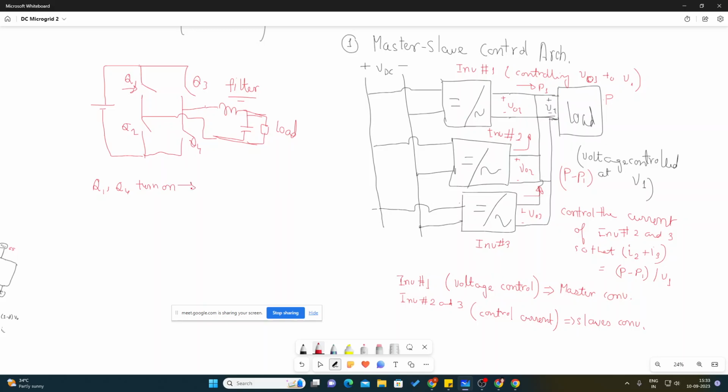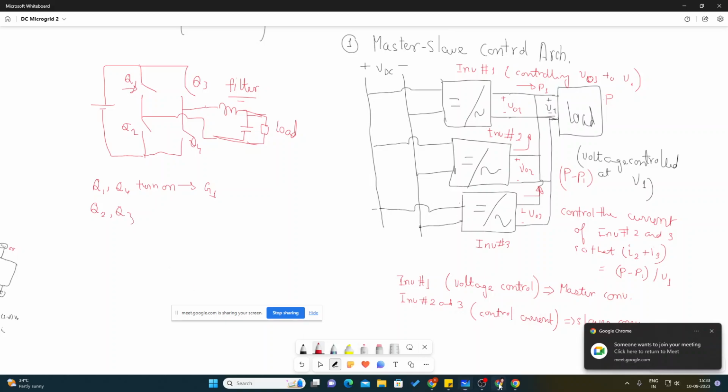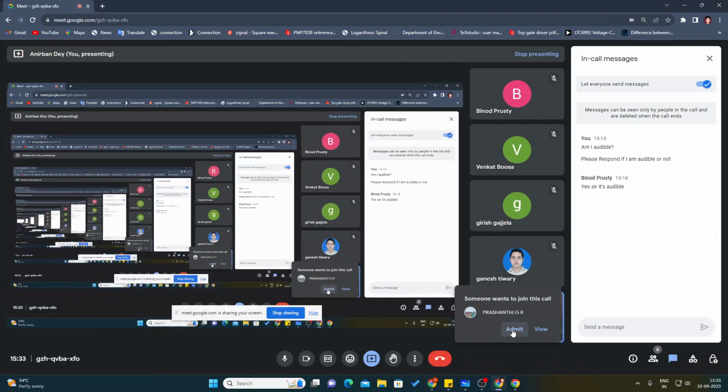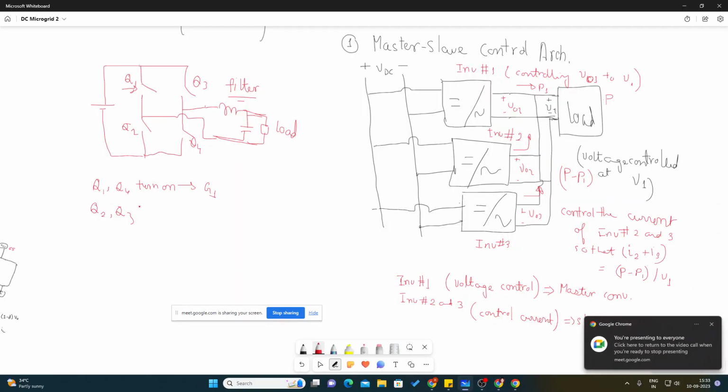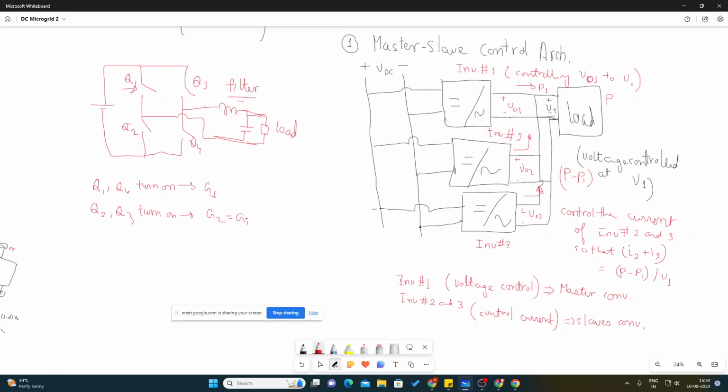They are given one gate pulse, say G1, and Q2 and Q3 turn on. They are given G2, which is G1 bar.